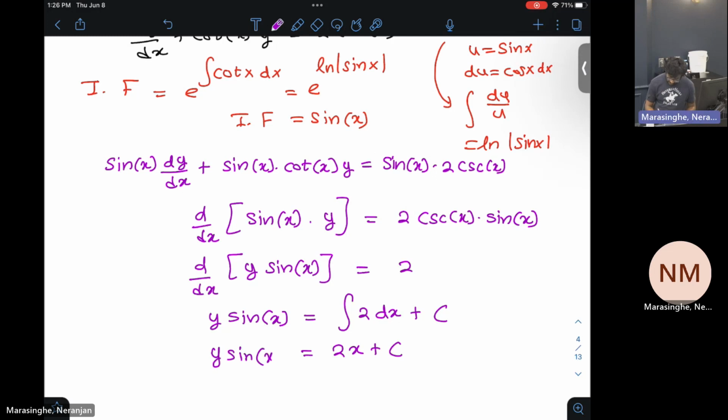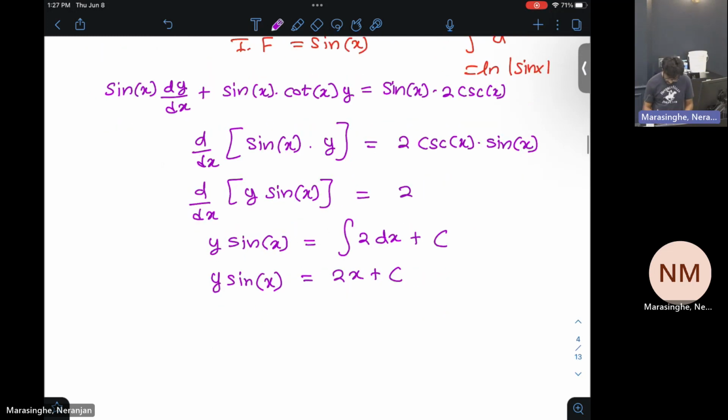It's y times sine x. I need y, so my next step is to divide both sides by sine of x. So y is going to be equal to 2x plus c divided by sine of x.